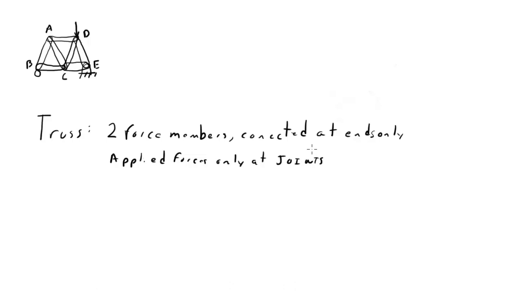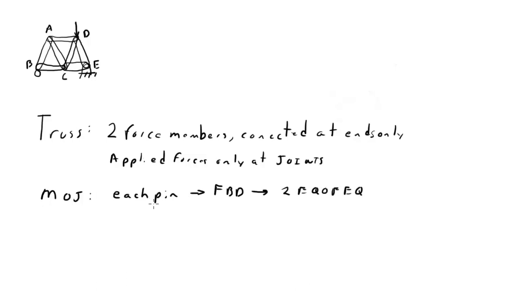And we talked about the method of joints to solve these problems. What's the method of joints? Each pin gives us a free body diagram, and each of those gives us two equations of equilibrium.